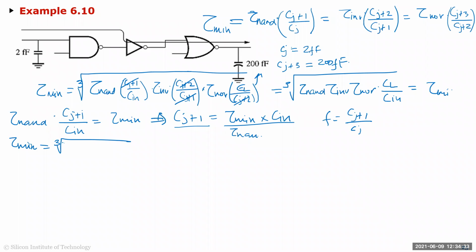So I'm going to just write 4 times 3 times 5 times, that's the NOR, and then 200 by 2, that's the ratio of C load to C in, times R. So I'm going to get the cube of R equivalent CG ln, so I'll take the cube root of that. It comes out of the cube root, and if you calculate this, you should get something like 18.2 R equivalent CG ln, right?